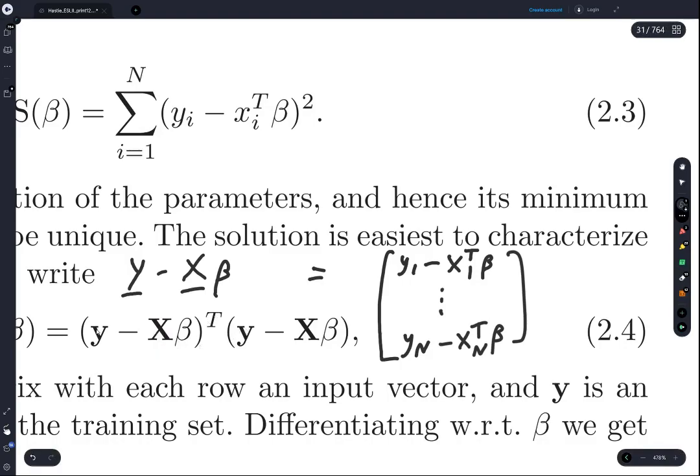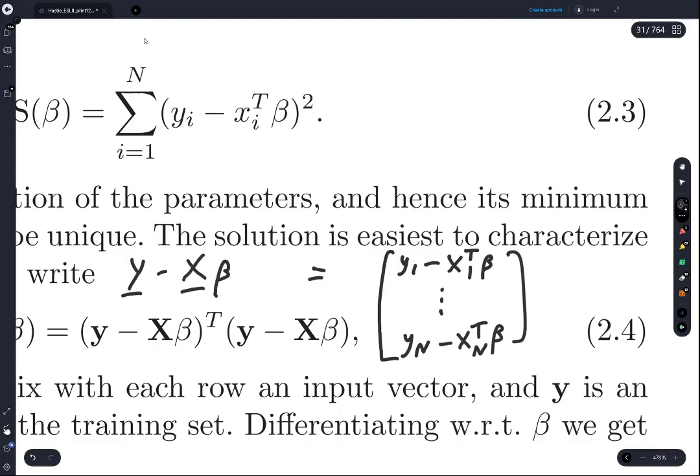So the first entry of each is going to be y1 minus this thing. So when you multiply that by itself, you get y1 minus x1 transpose beta, squared. And you get that thing squared for every single entry in this vector, and then you add them all up at the end.